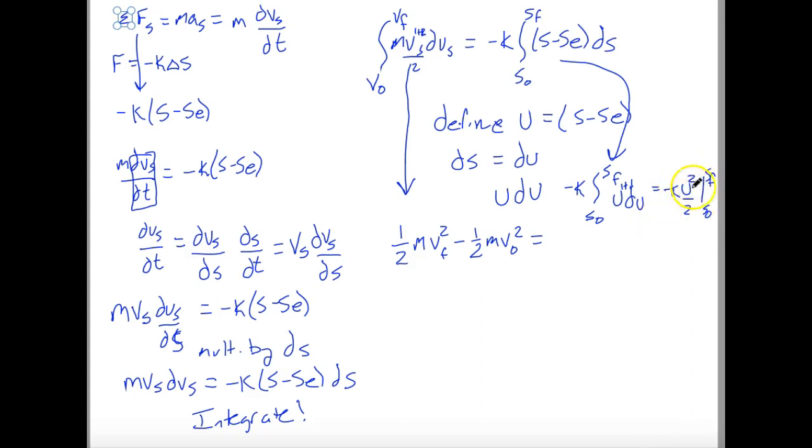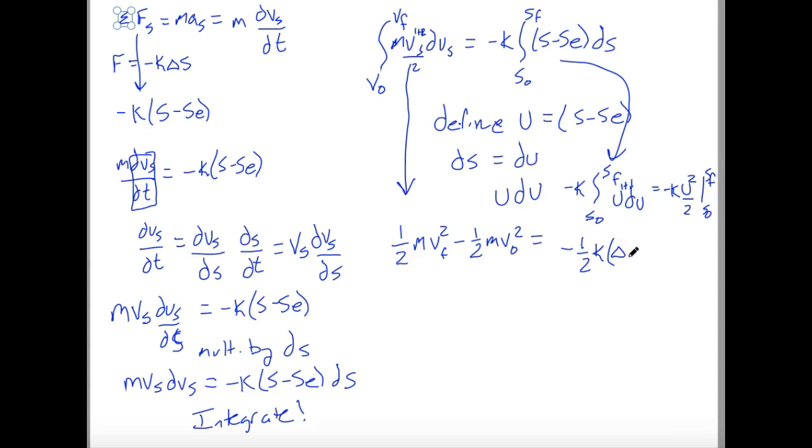So now our u is going to become these, and we're going to be equal to negative, and then we're going to do 1/2, and this is k times, now we're going to say u, remember, is the change.